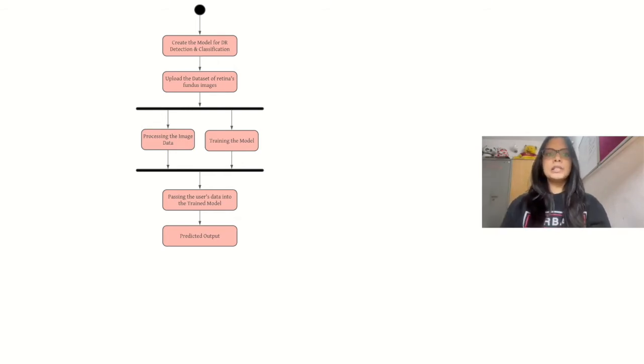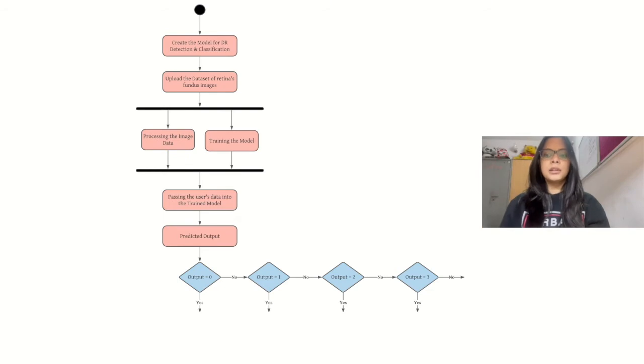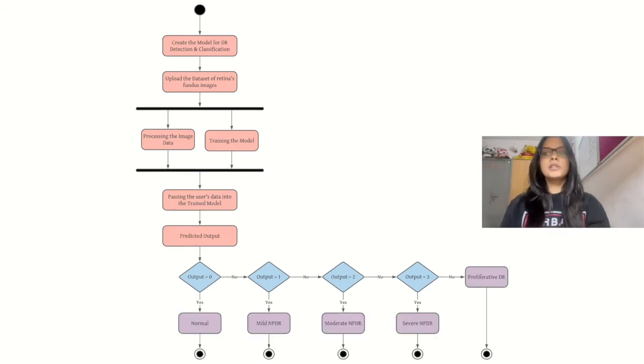Then on the basis of this predicted output, we decide whether DR exists or not, or which stage of DR the patient is in. For example, if the output is 0, then we say that there is no DR, or the eye is normal. If the output is 1, then we say that there is a mild NPDR. If the output is 2, then we say that there is moderate NPDR. And if the output is 3, we say that there is severe NPDR. And if not even that, then it is proliferative DR.